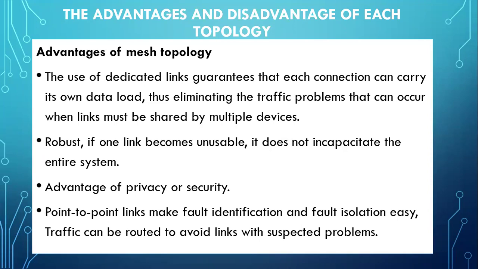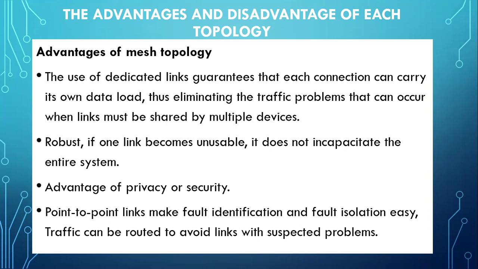The second one is robustness. If one link becomes unusable, it does not incapacitate the entire system. The entire system will keep on working as usual. Other than that, there is the advantage of privacy and security.